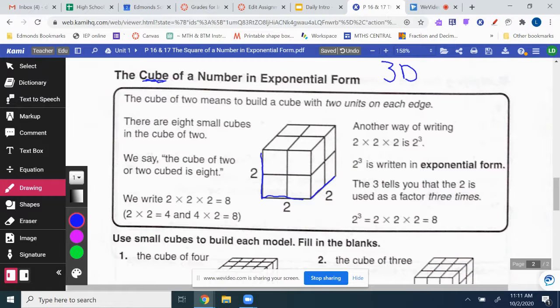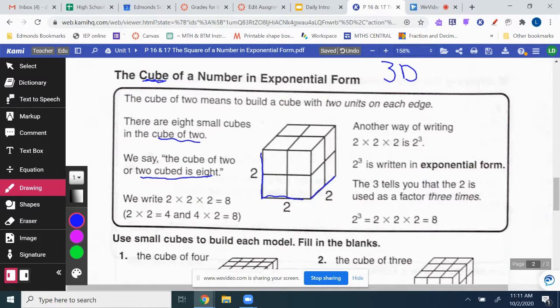There are 8 small cubes in the cube of 2. We say the cube of 2 is 2 cubed is 8. We write it 2 times 2 times 2 equals 8. 2 times 2 equals 4, and 4 times 2 equals 8.